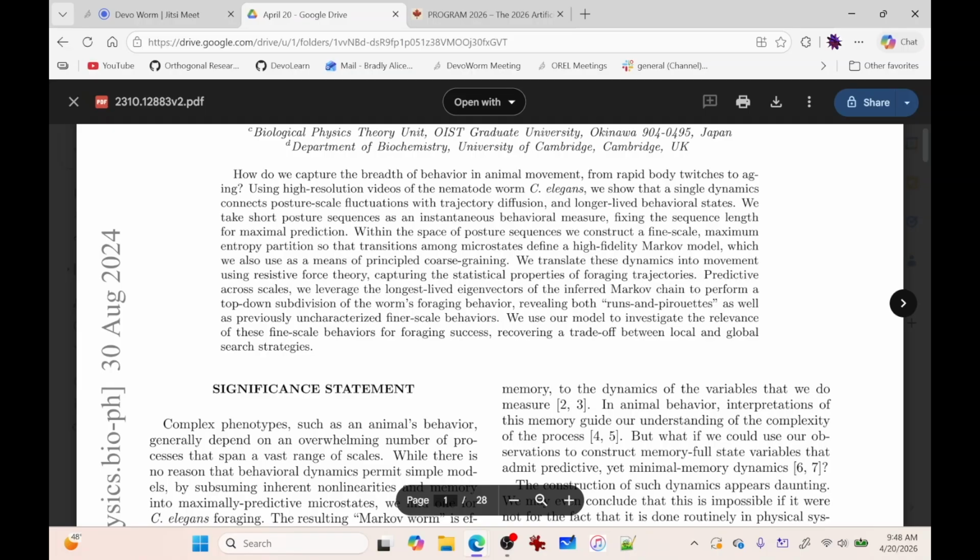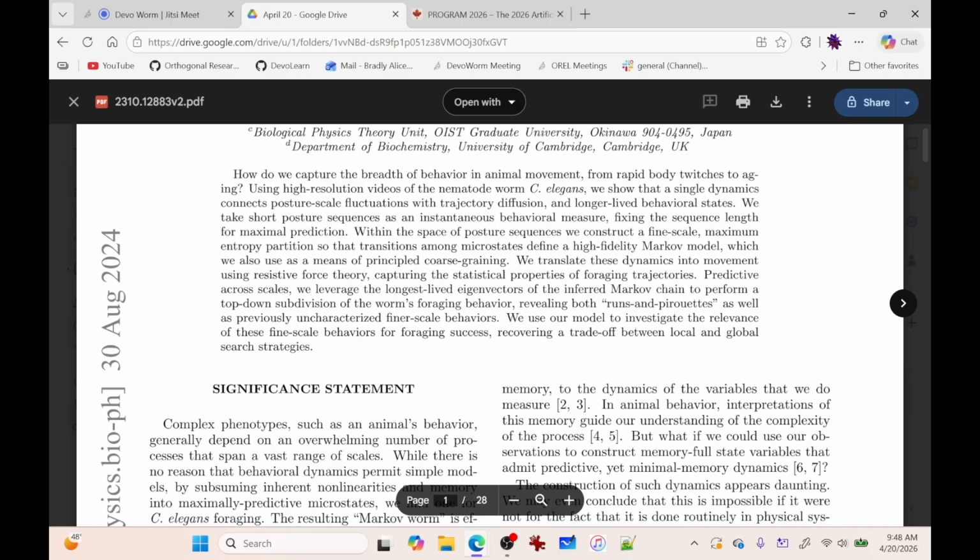And then there's a stage kind of at the end of the worm's life where they slow down and eventually die. And of course, there's also reproduction, where the worm is laying eggs and things like that. So these are all different life history stages of movement.